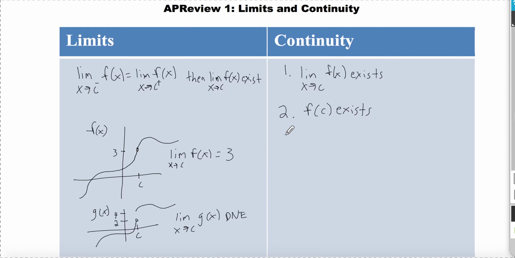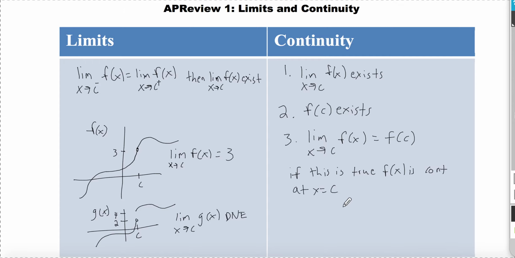And 3, we need to make sure that the limit as x approaches c of f of x equals f of c. If this is true, f of x is continuous at x equals c.